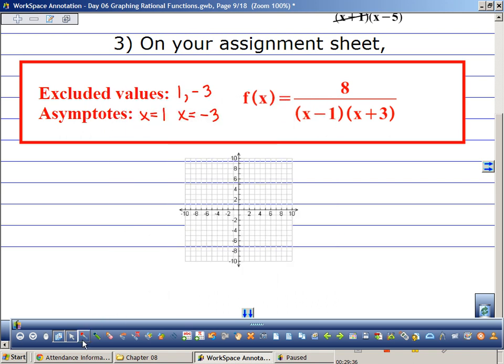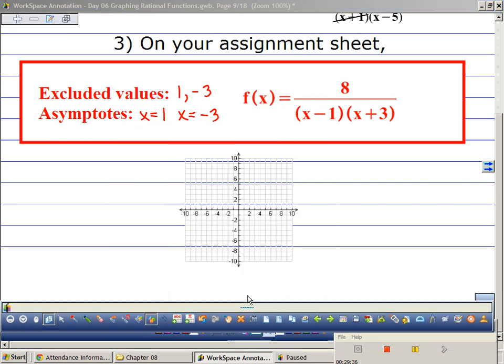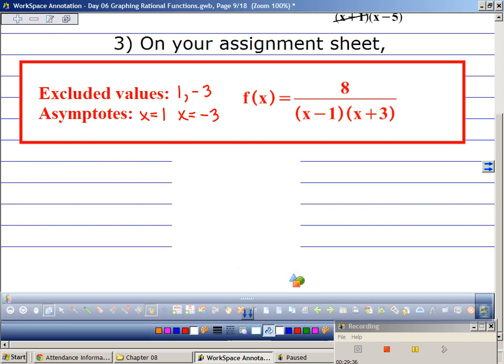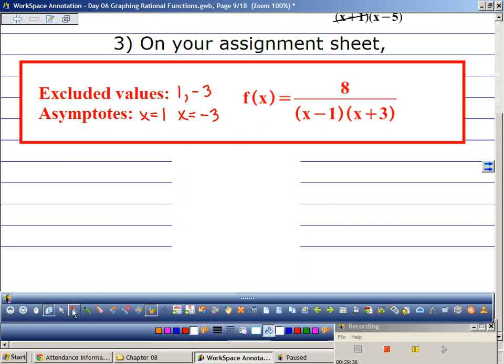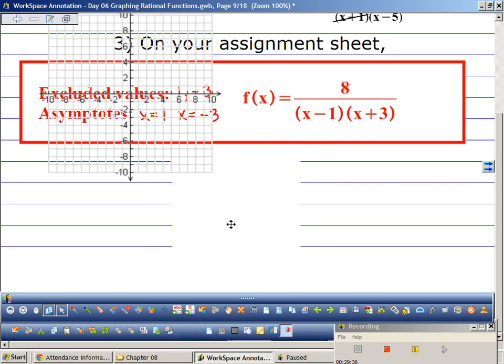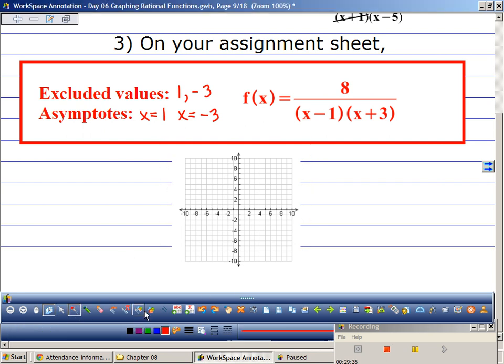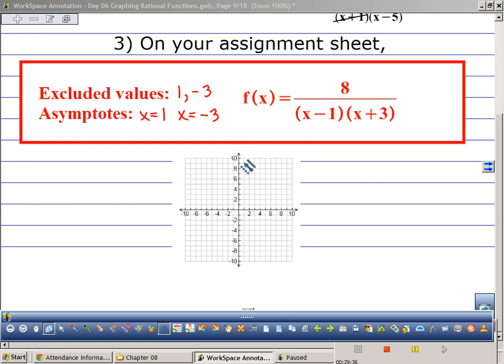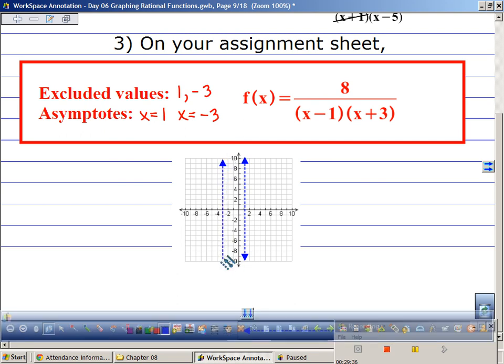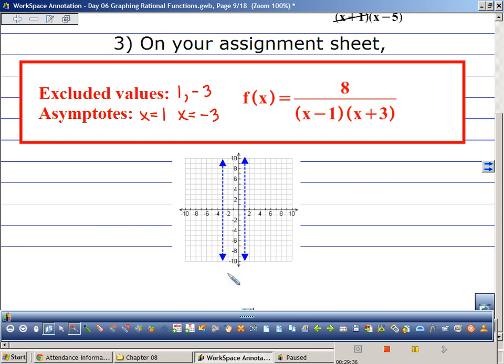Okay, guys, this is what's going to be on your homework, so I want you to see it. Let's see what this would look like. If these are my asymptotes, one at x equals 1 and one at x equals -3, that means these asymptotes are affecting my graph.